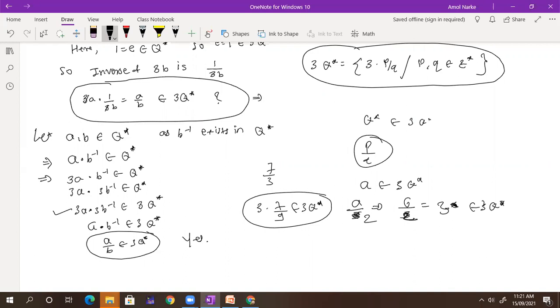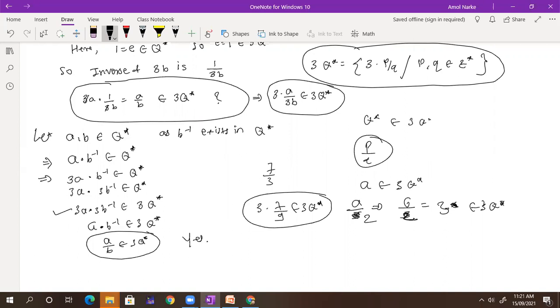That is 3 into A divided by 3B, which belongs to 3Q star. We just wrote it in a different way, but it is one and the same thing. So my point: does A divided by B belong to 3Q star? Yes. Why?